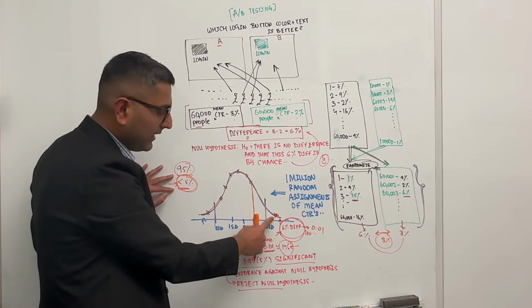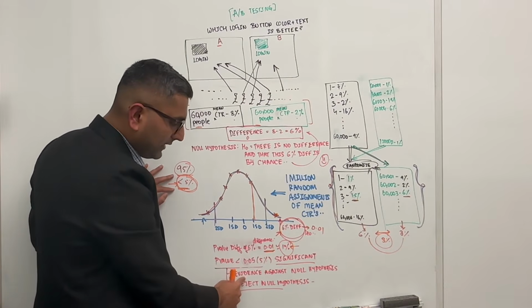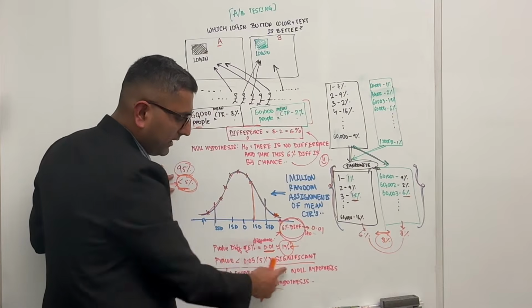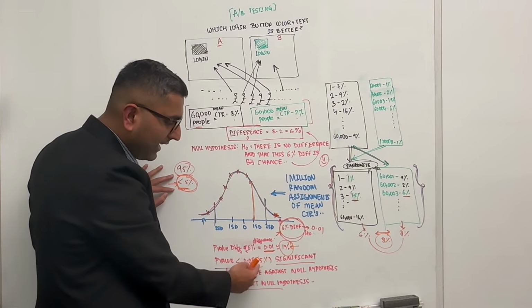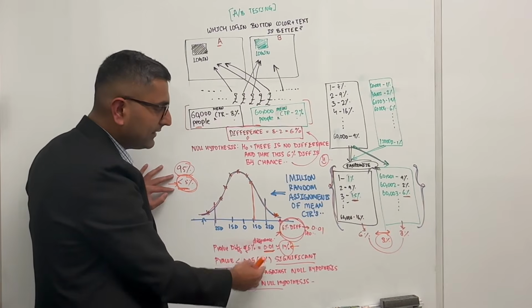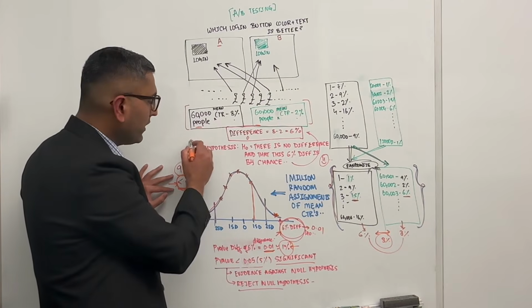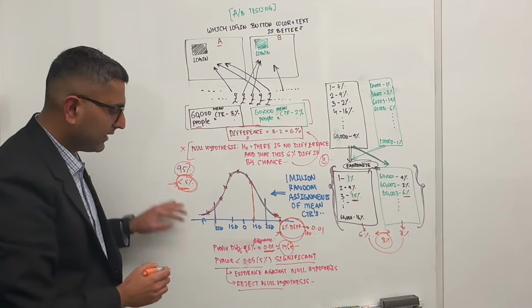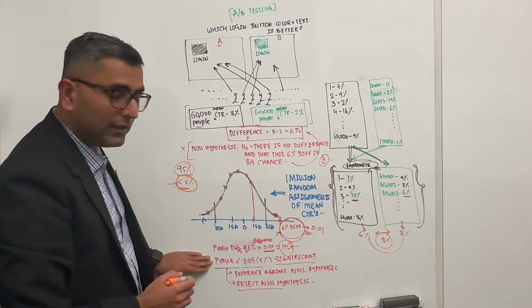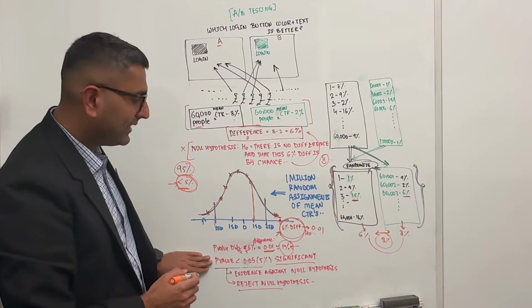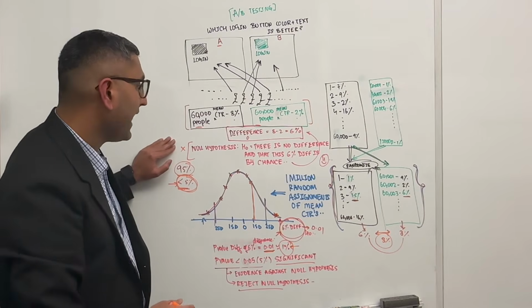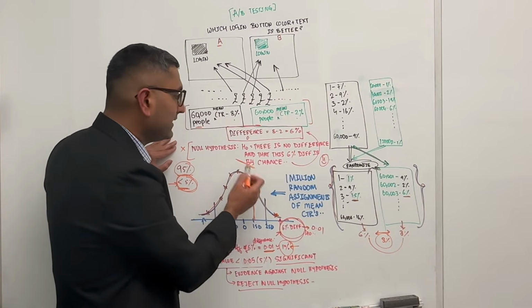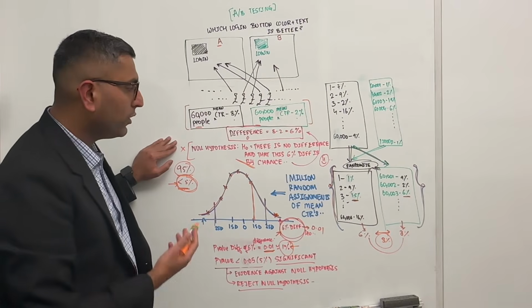This is significant. What that also means is that this is evidence against the null hypothesis. When you have a p-value of, let's say, 1%, which is less than 5%, you can say that this is not just by chance. So you can reject the null hypothesis. When you get a p-value less than 0.05, that's evidence against the null hypothesis. You reject it and say, no, the null hypothesis said there is no difference and it's purely by chance.